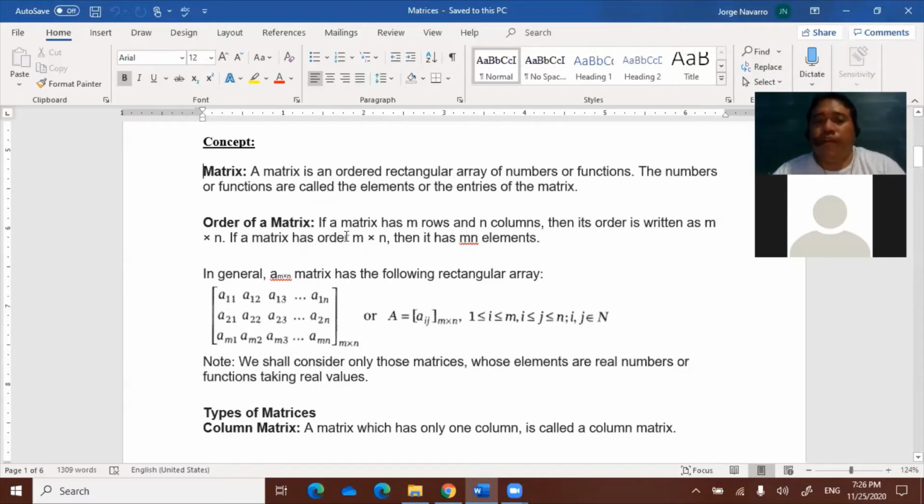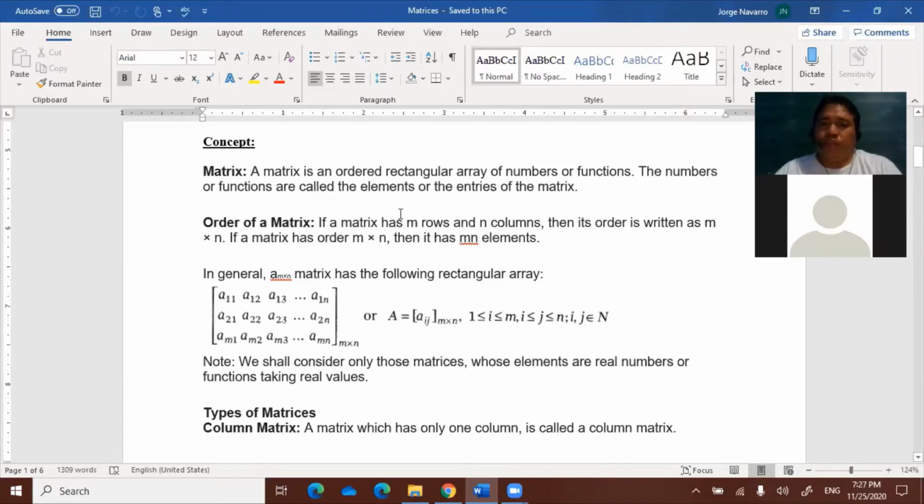If I have one row and two columns, then the order will be 1 by 2, okay? Which means that it will have two elements. If it has two rows and two columns, then it's going to be known as a 2 by 2 matrix. That's the order, and 2 times 2 is 4, so it will have 4 elements.